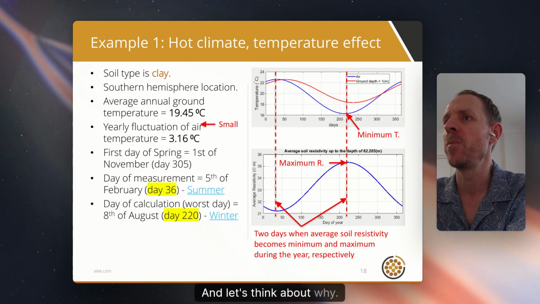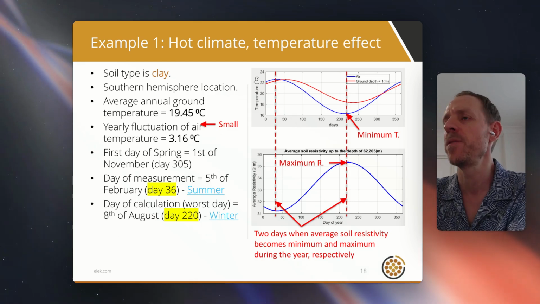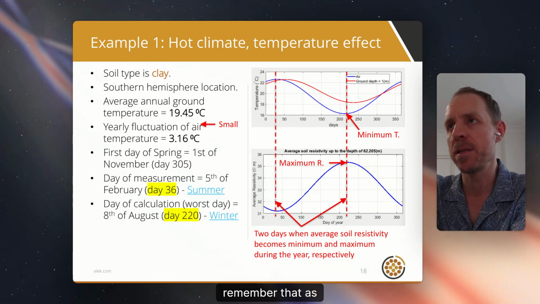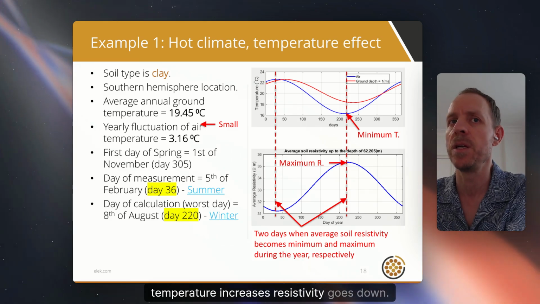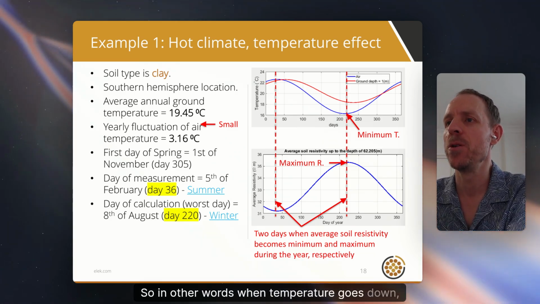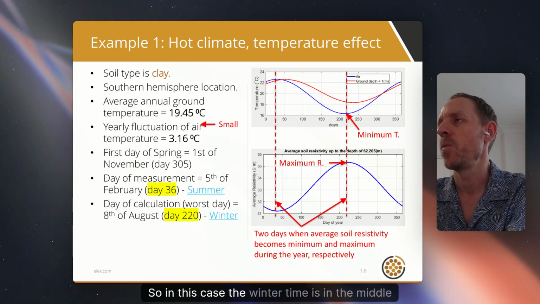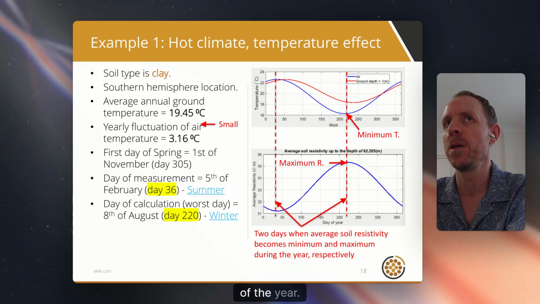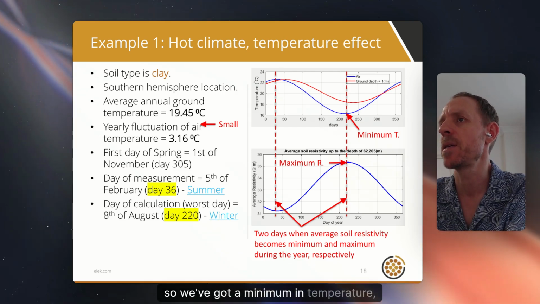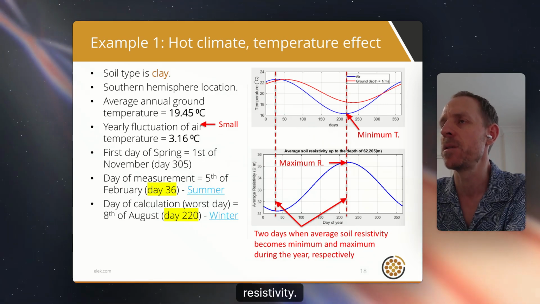And let's think about why. If we're only considering effects on soil resistivity, remember that as temperature increases, resistivity goes down. So in other words, when temperature goes down, resistivity goes up. In this case, the winter time is in the middle of the year, and so we've got a minimum in temperature, therefore we've got a maximum in average resistivity.